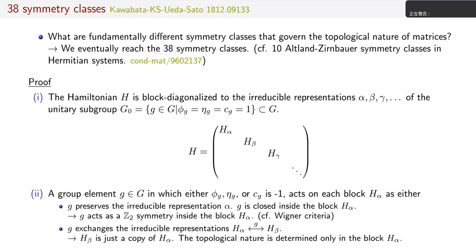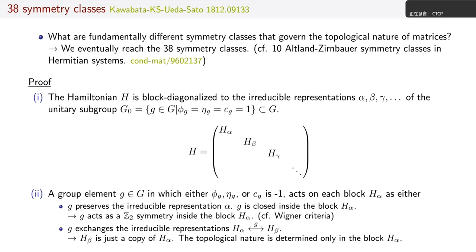Okay, so the question is, how many fundamentally different symmetry classes are there? So the answer is that we eventually get 38 distinct symmetry classes in non-Hermitian systems.